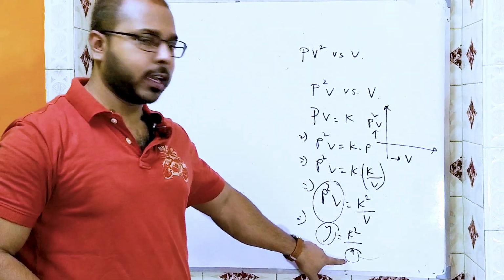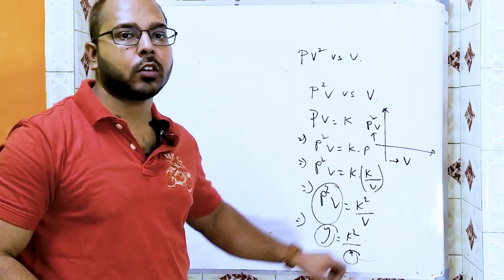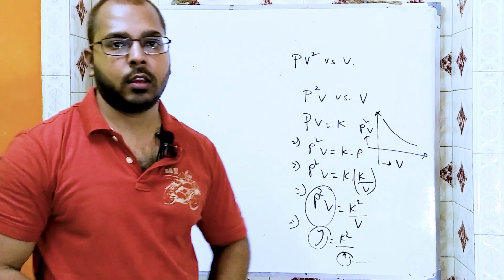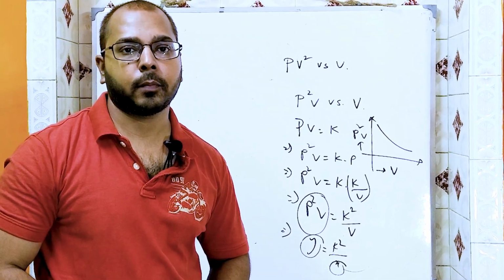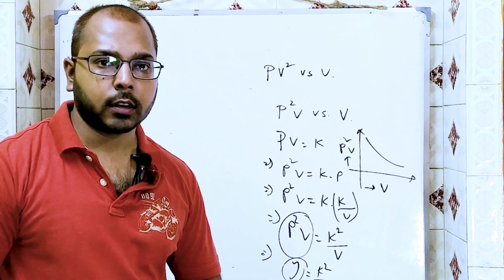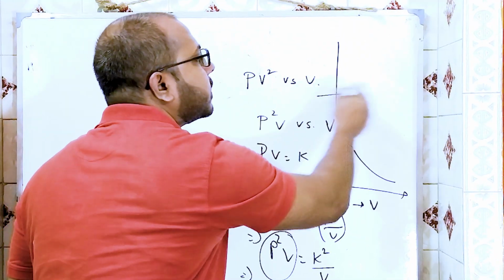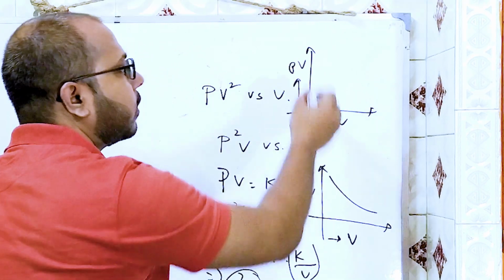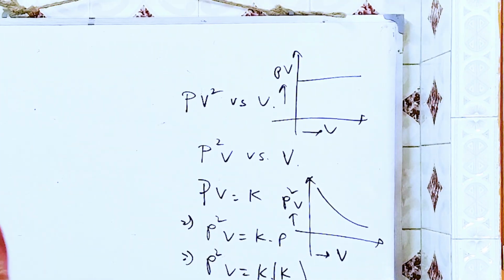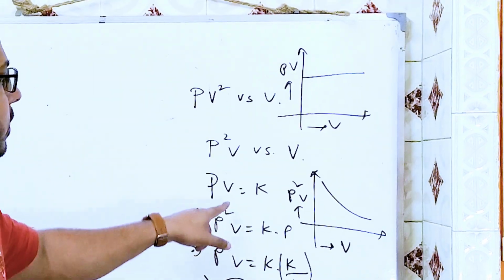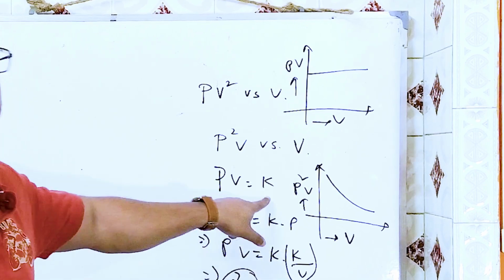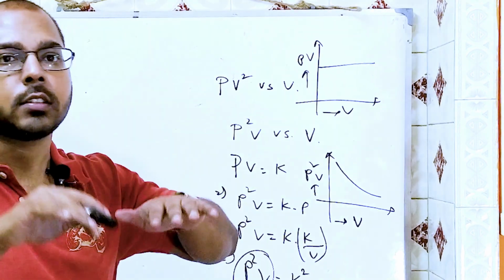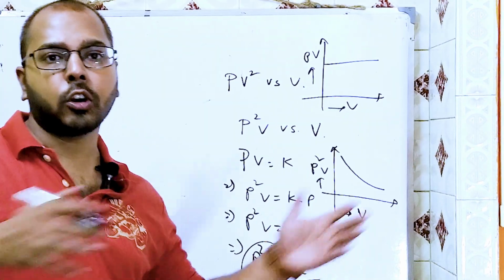So if we multiply y and x, a constant will come. So what will it be? Rectangular hyperbola. Got it? So if it asks PV versus P, that would be constant, because what is the value of PV? Constant. So PV is constant, P will increase, V will decrease and vice versa. So PV will be constant, will not be affected by P.